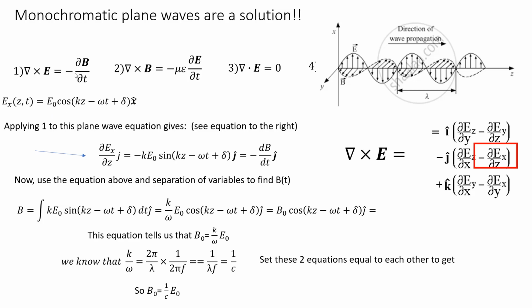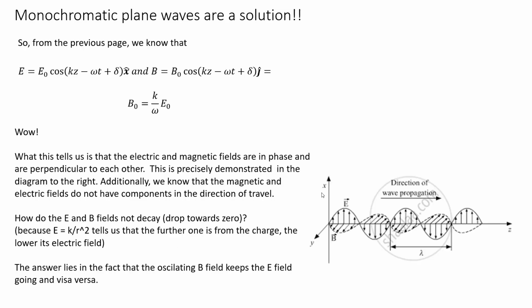But this, which came from the operations, told me that this is going to provide a B field in the J direction. So that's where that came from. So if I have an electric wave oscillating in the X direction, then the magnetic field must be oscillating in the J direction.